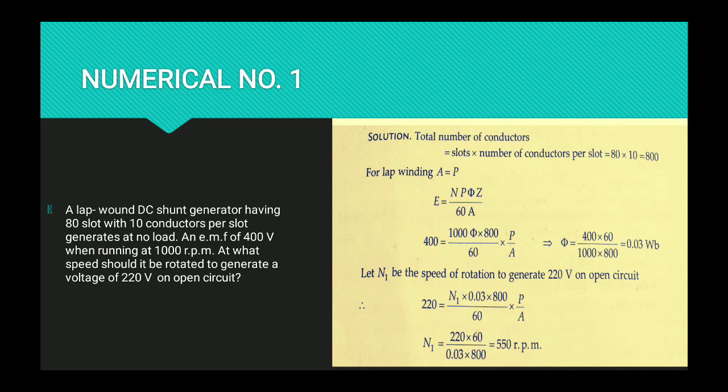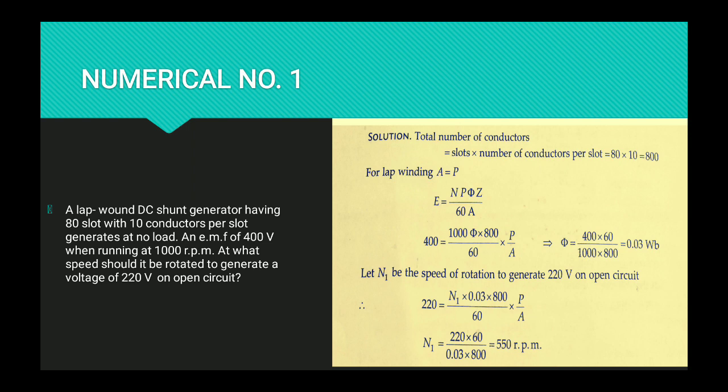So 220 equals N1 into 0.03 into 800. 800 is the number of conductors, this is constant, by 60 into P by A. The value of P by A equals 1 because A equals P. So N1 equals 220 into 60 by 0.03 into 800, that equals 550 RPM. So in case of open circuit, the speed of the generator is 550 RPM.